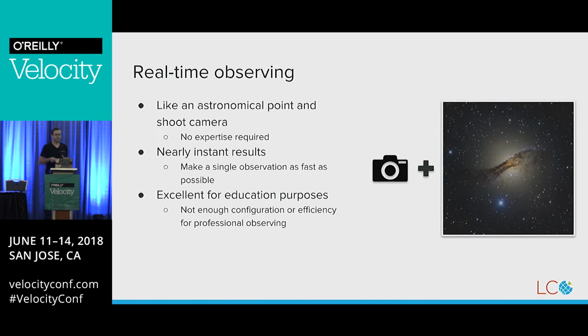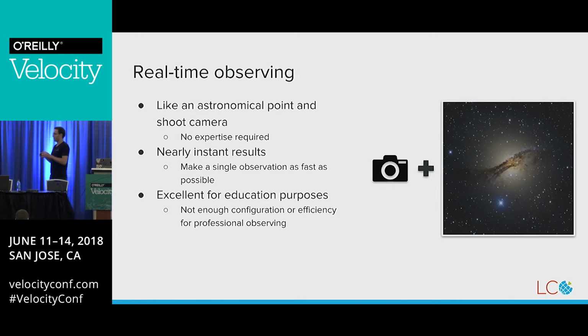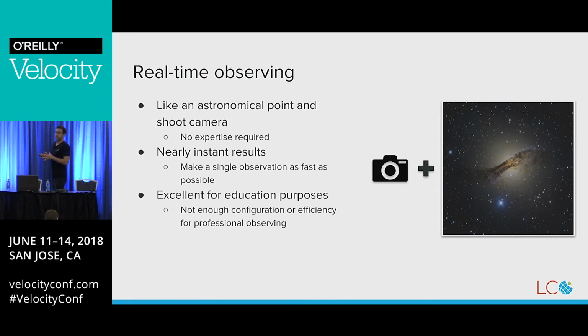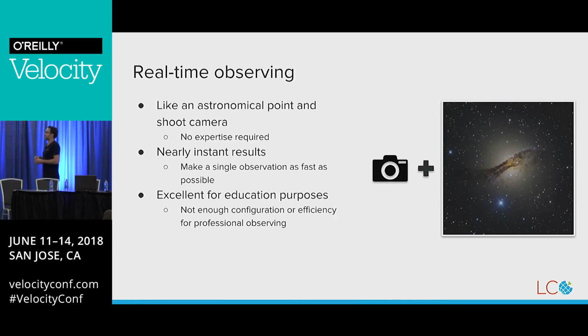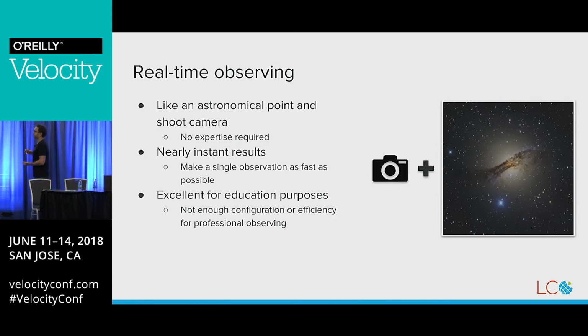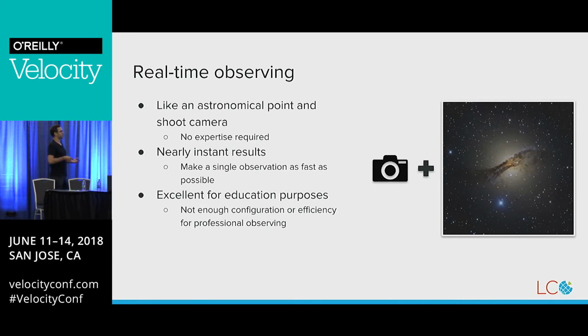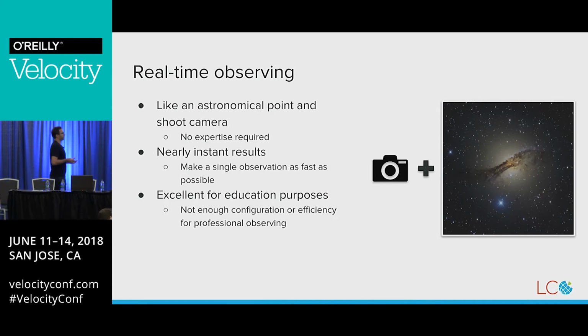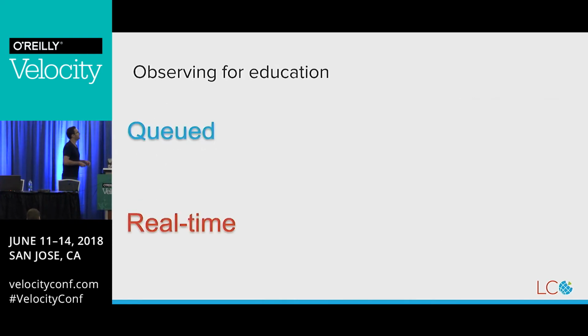Making a single observation as fast as possible, as opposed to making it as detailed as possible and used for research purposes. And so real-time observing is excellent for education purposes, but unfortunately it's very difficult to enable the configuration for professional grade astronomy.